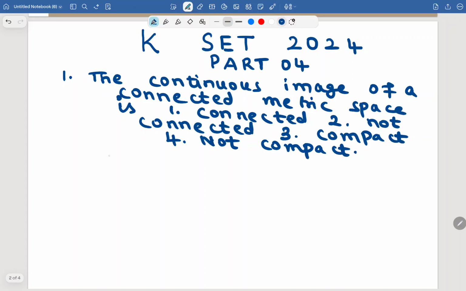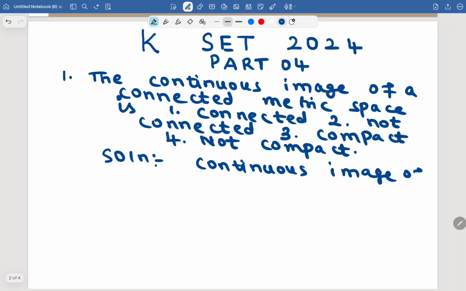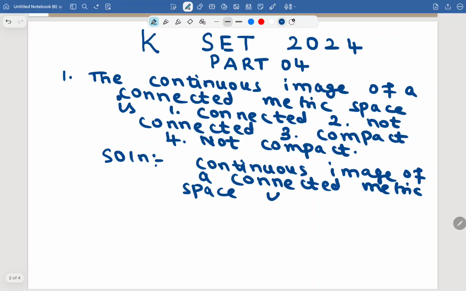By a well-known result, the continuous image of a connected metric space is connected. Therefore, for the first problem, option 1 is the correct one.